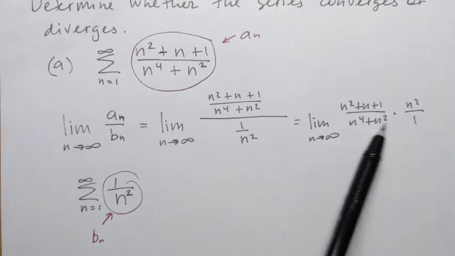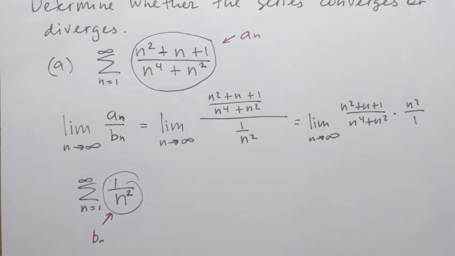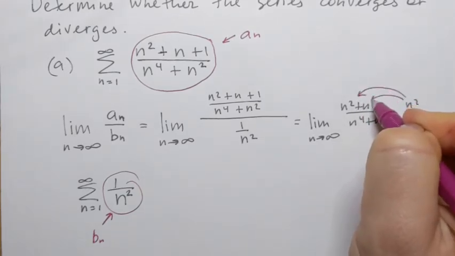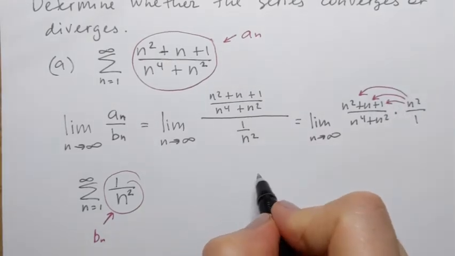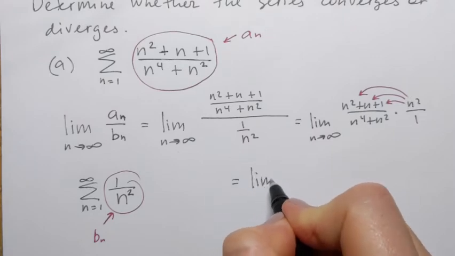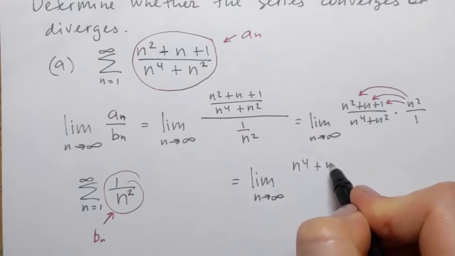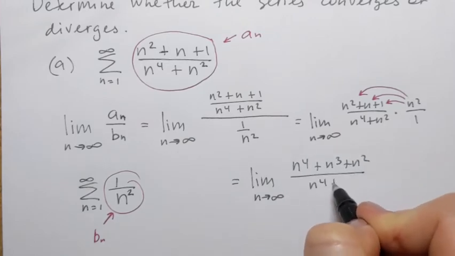Multiplying the denominators, nothing changes. In the numerator, we distribute n squared, and see how the degree of the numerator becomes 4. So it's (n to the fourth power plus n cubed plus n squared) over (n to the fourth plus n squared).